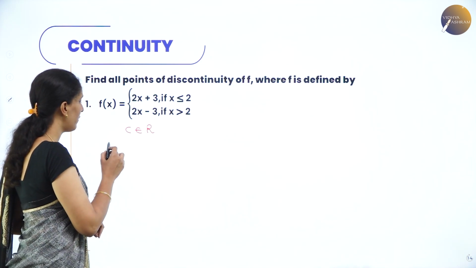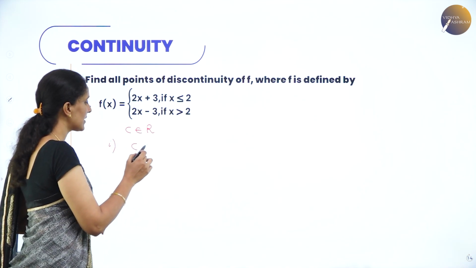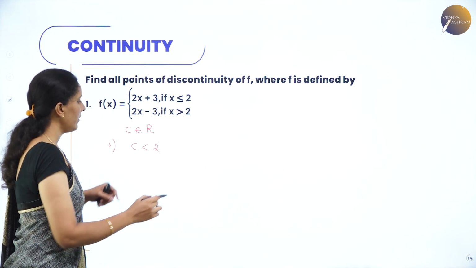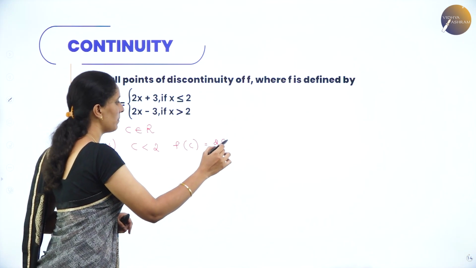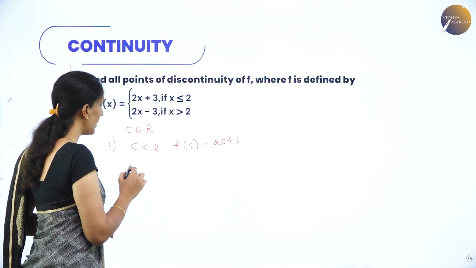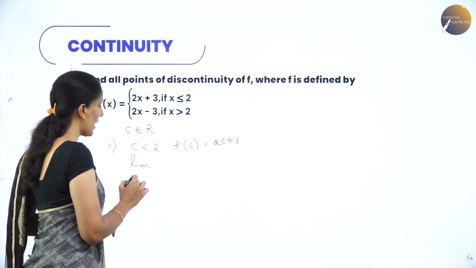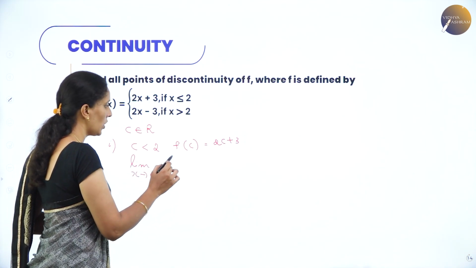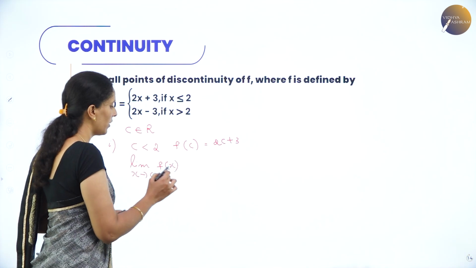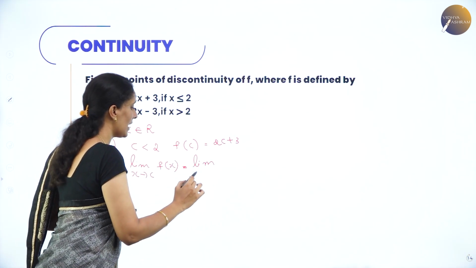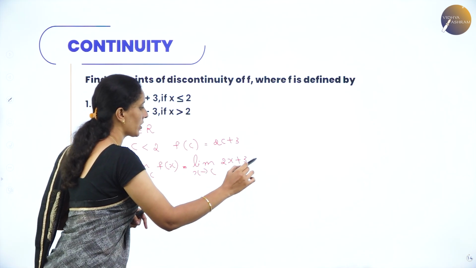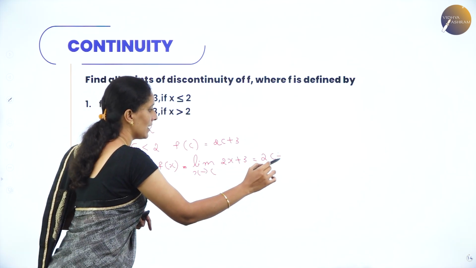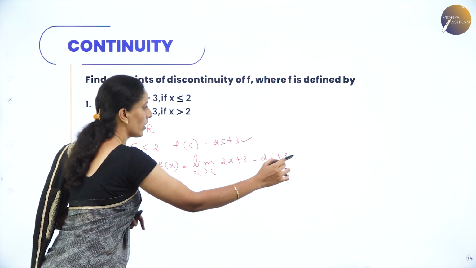The very first case, if c is less than 2, then f of c will be equal to 2c plus 3. Now let me take the limit as x tends to c of f of x. So here we have limit as x tends to c of 2x plus 3, which is 2c plus 3. So clearly these two are equal.